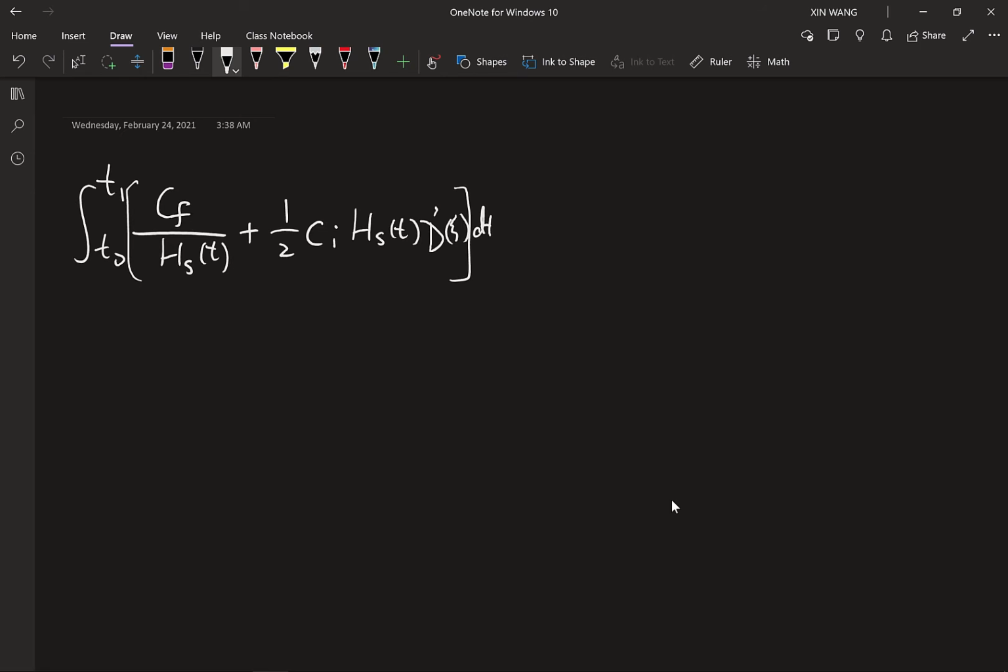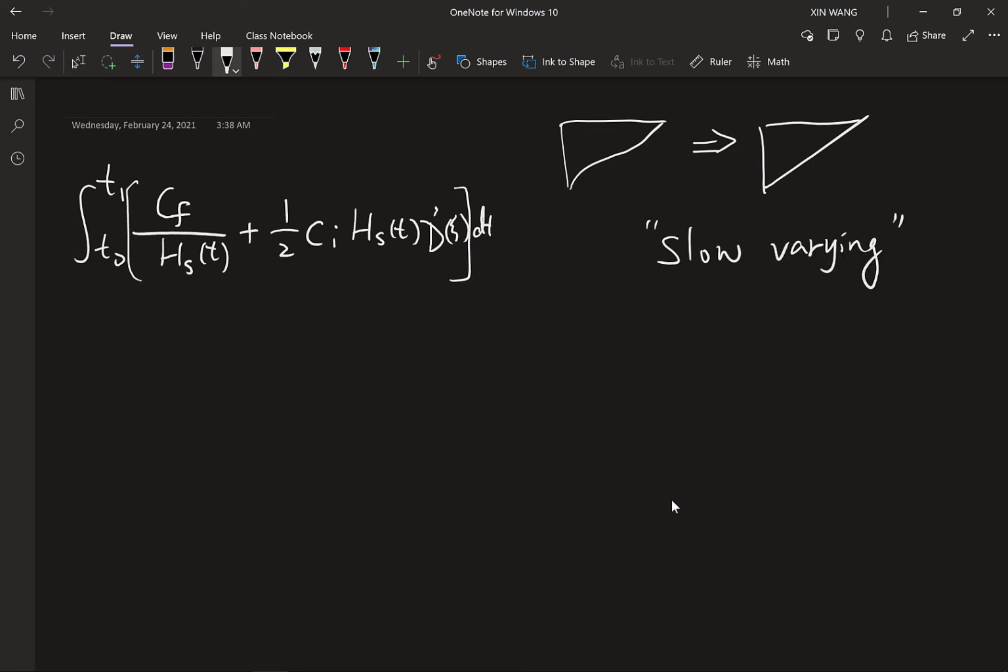We can make some assumptions. So first, we assume that we have already estimated the curved triangle into a normal triangle, right? So we assume that this is what we call slow varying. That means the demand rate is slow varying. That means we can approximate the demand rate within a neighborhood by a constant value.